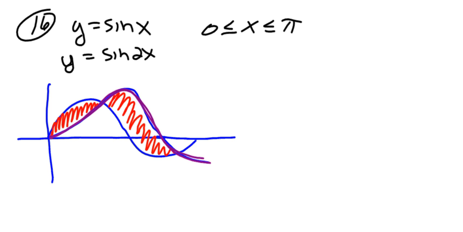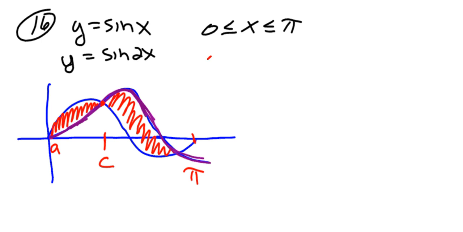Notice at one point on this interval, it's below, but on this interval, it's above. So my function changes where it is the upper or lower function. So I'm going to want to do this as a compound region and split this up. We'll call this A, we'll call pi B, and we'll call this point C. We're going to have to find the points of intersection here in this middle part.